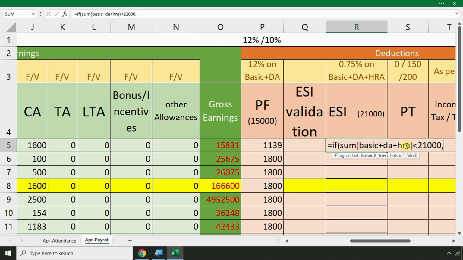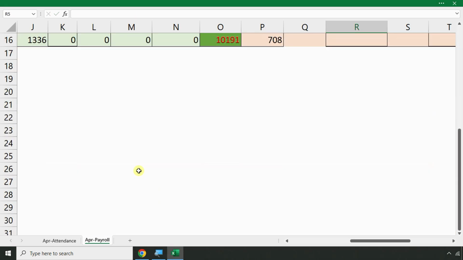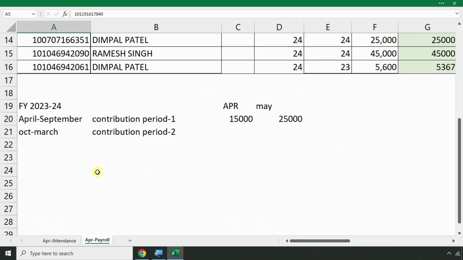They will apply the formulas directly in this way. But you should not do like this, because in some cases, our employee's April salary basic plus DA plus HRA is 15,000, and our employee's May salary is 25,000. If you apply the direct formula for the month of May, will ESI be deducted or not?